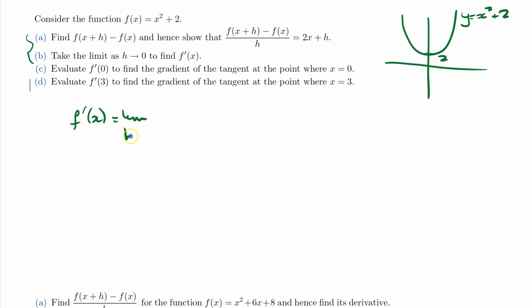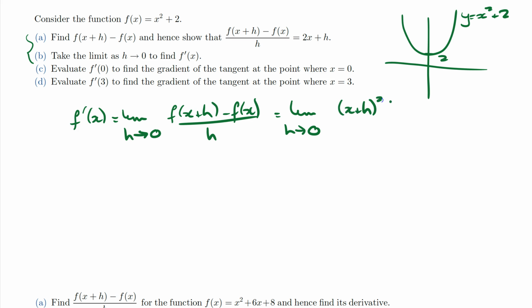So that is the limit as h tends to 0 of f of x plus h minus f of x all over h, which is the limit as h tends to 0 of, so f of x plus h is when we put x plus h where x is, so it's x plus h squared plus 2, minus f of x, which is x squared plus 2, be really careful with brackets, and that's all over h.